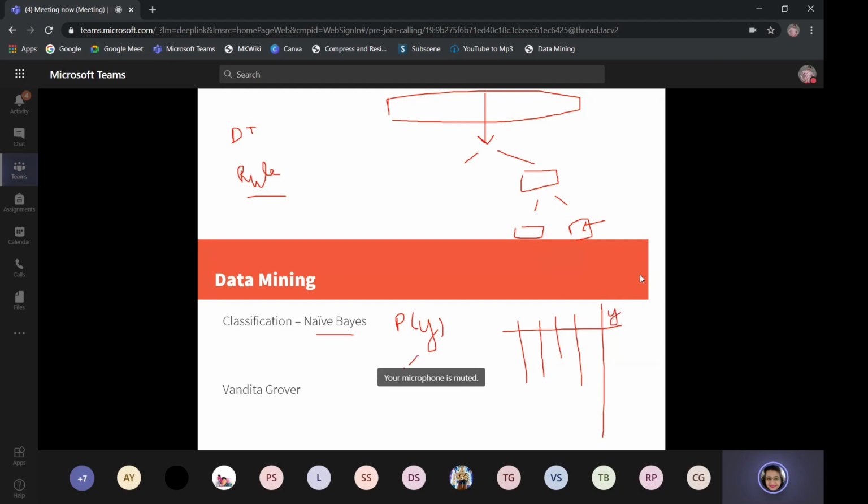In this class you have two classes c1 and c2, which you could say yes or no. Now if you have to compute the probability, and let's say that you have n records, how will you compute the probability of class c1 or class y?